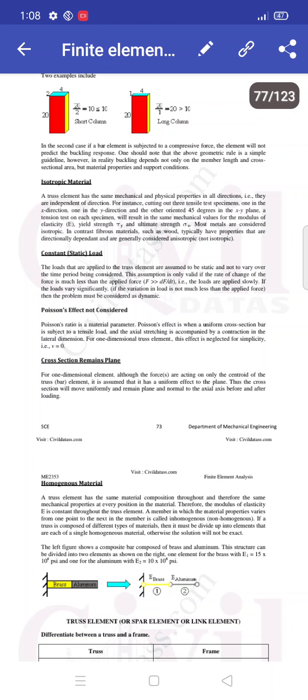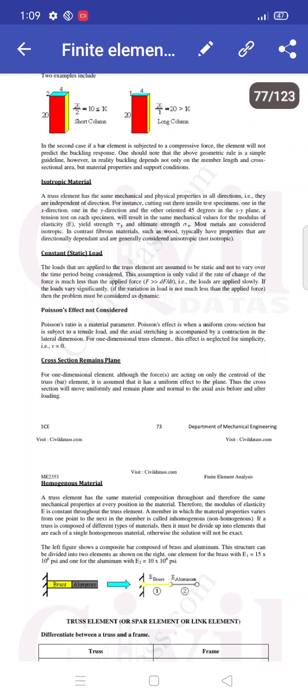Cross section remains plane. For a one-dimensional element, although the forces are acting on only the centroid of the truss or bar element, it is assumed that it has a uniform effect on the plane.